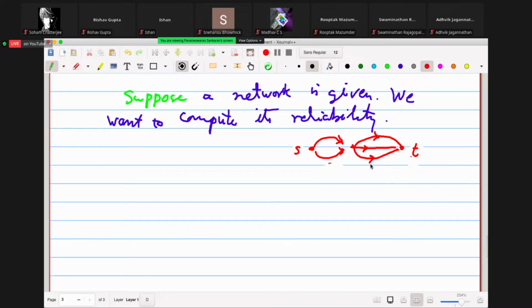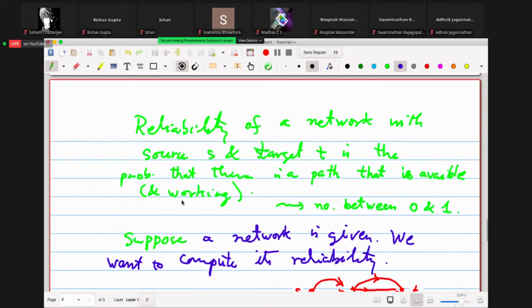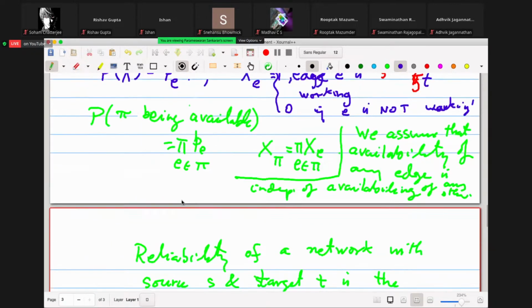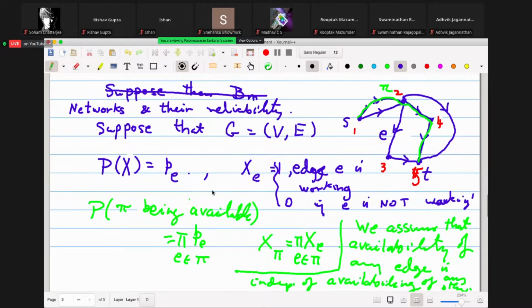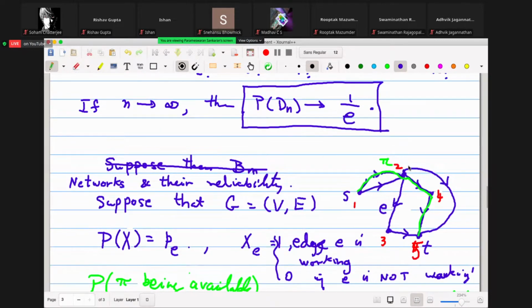For each one of the paths, it's easy to find the probability that it is not working. You see, the important thing is that if it is working, then all the things must be in working condition.